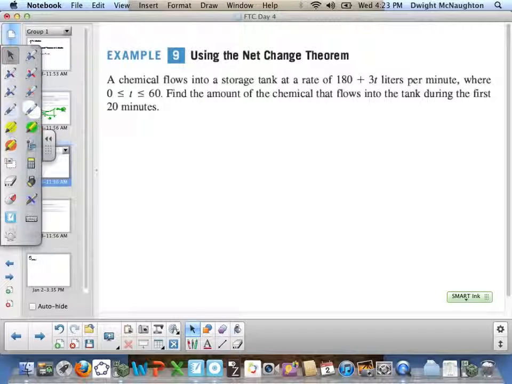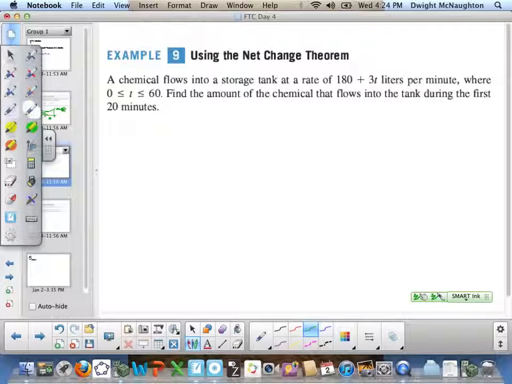All right, so let's use the net change theorem. A chemical flows into a storage tank at a rate of 180 plus 3t liters per minute. So our rate, dV dt, is 180 plus 3t. Remember, that's just the way of saying V prime, where t is between 0 and 60.